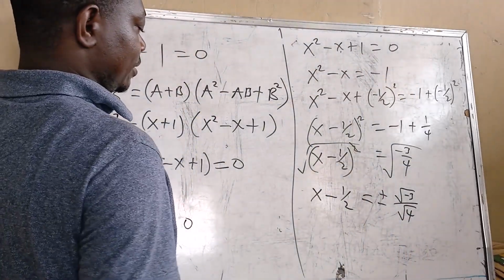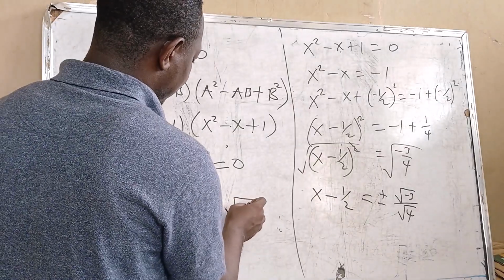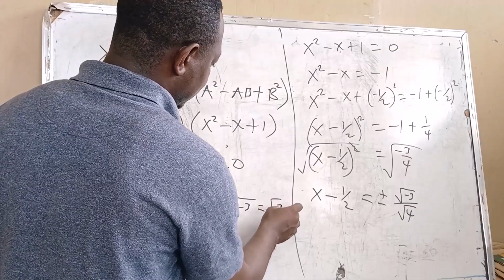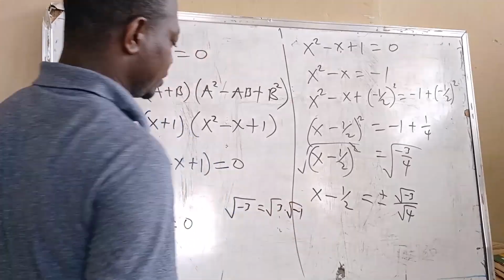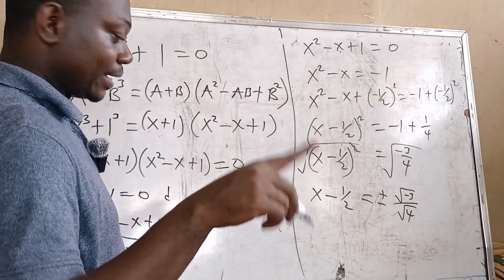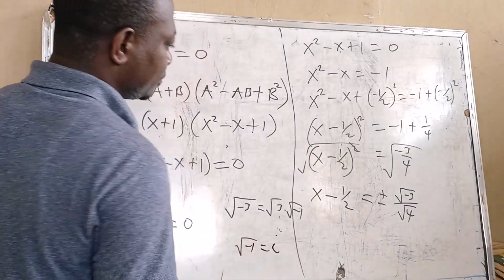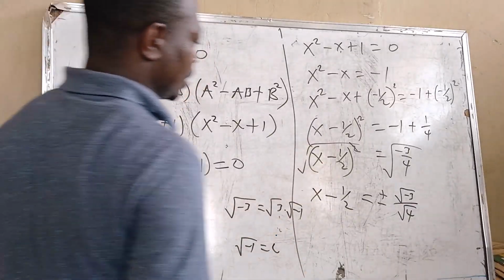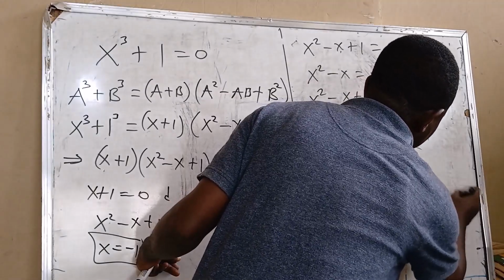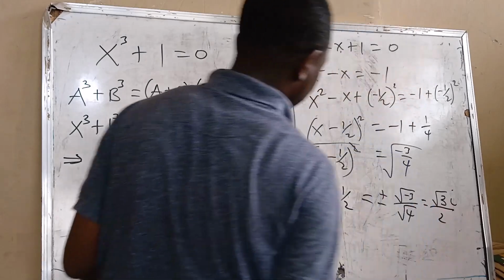And remember, square root of -3 is the same as square root of 3 times square root of -1. And square root of -1 from complex numbers is i. Okay, it means square root of -1 is i. So we can deal with this one as square root of 3i on 2. This side will give us 2.